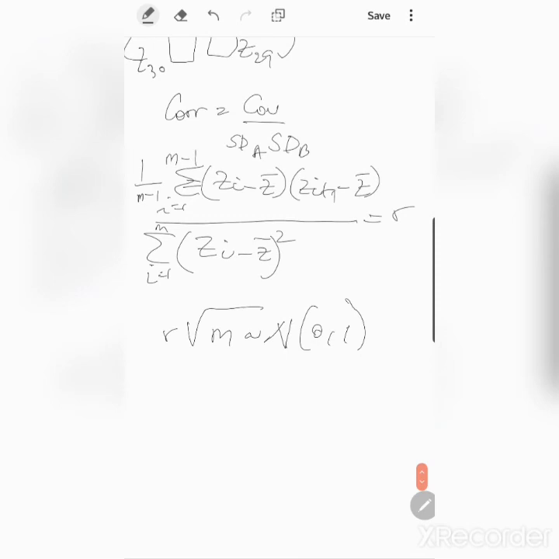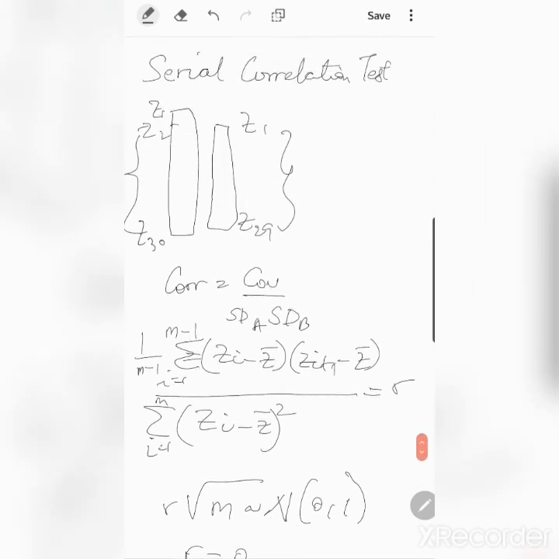Based on the normal distribution values, I can check the default null hypothesis R equal to 0, which means there is no serial correlation present in the data. Means they are independent. Whatever the deviations that are coming out, the positives or the negatives, they are completely independent.